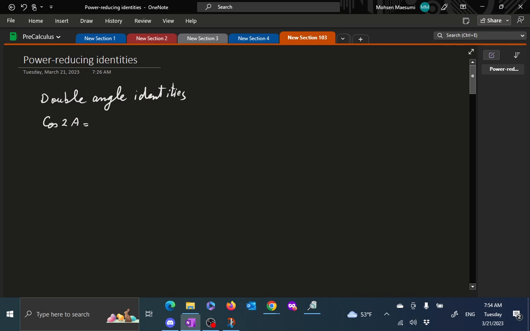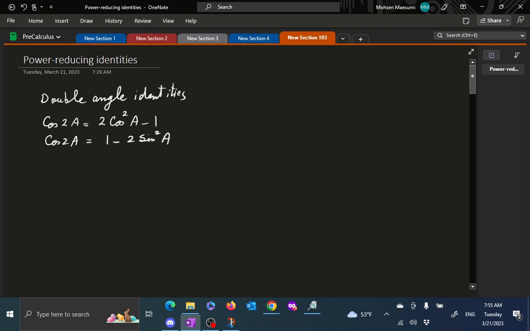There are three formulas for this thing. We are going to make use of two of them. 2 cosine square of a minus 1, and another form of cosine of 2a, 1 minus 2 sine square of a.